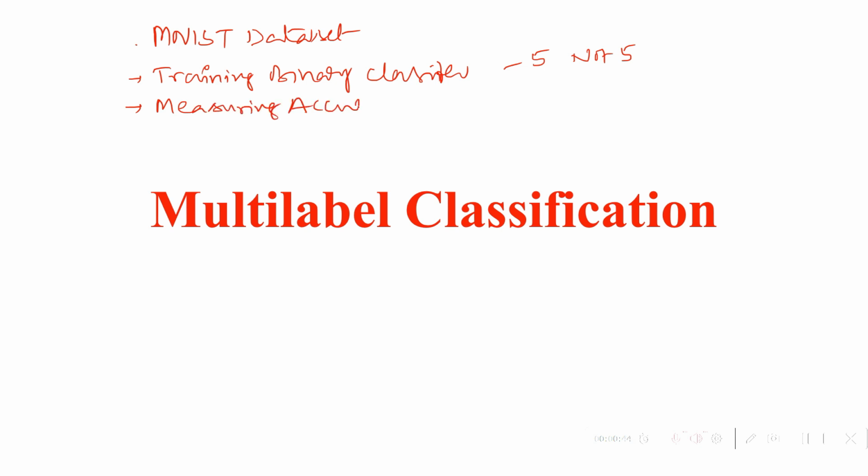So that is measuring accuracy using cross validation. And then we apply different types of performance metrics based on the confusion matrix.